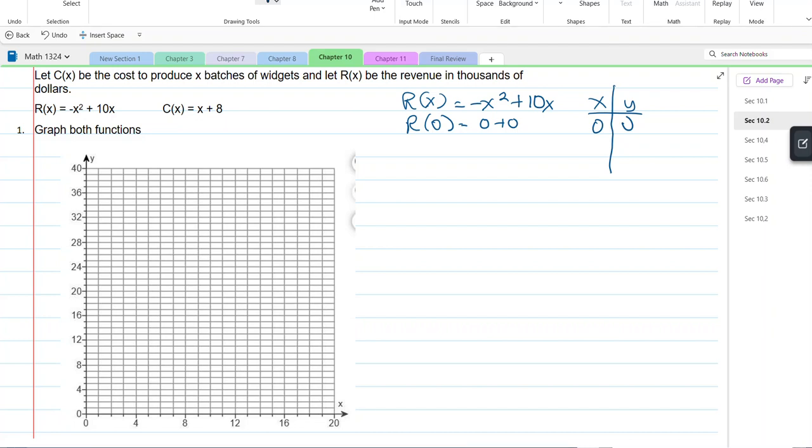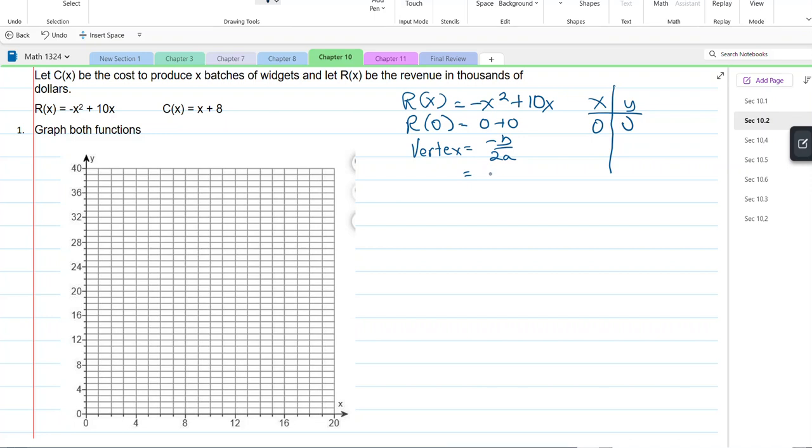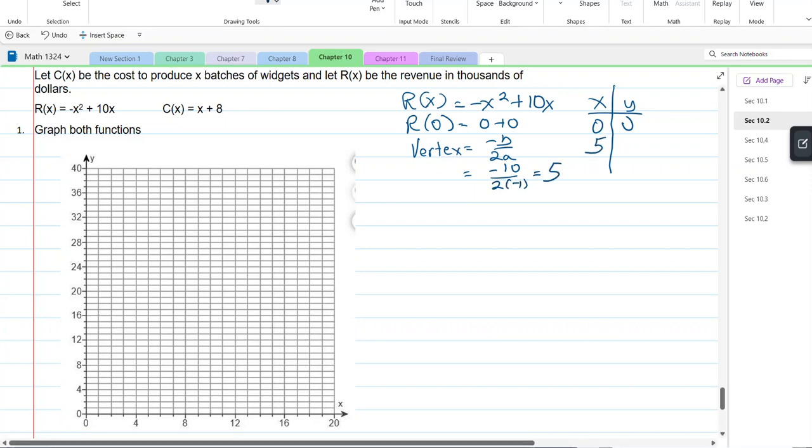Then we want the vertex, right? The vertex is the opposite of b over 2a, and that means it's going to be negative 10 over 2 times negative 1, so it's a 5. So we want 5 as our x value.